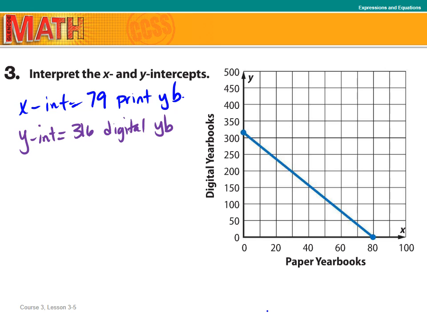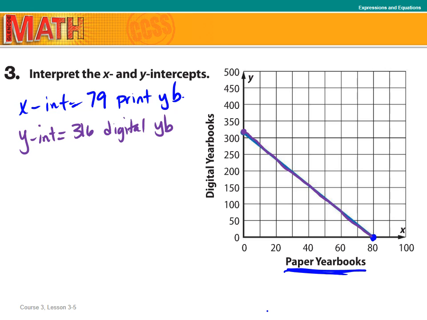So what we did here is we plotted the print yearbooks on the x-axis. We labeled the 79, which is right before 80, so that's why you see that point almost at 80. Then we took our y-intercept, 316, and put it on the y-axis above 300. And then a line was connected between the 2 points.